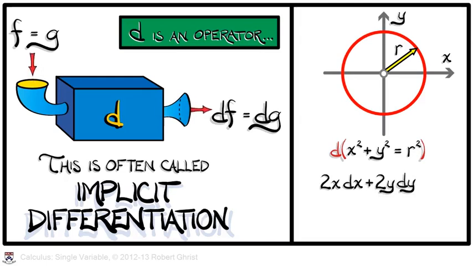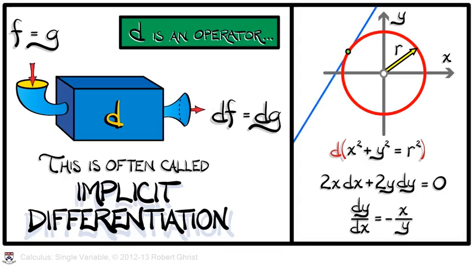What is d of r squared? Well, if r is a constant, then dr would be equal to 0, or if you like, differentiating a constant gives you 0. This equation, then, involving the differentials dx and dy, allows us to solve for the slope of the tangent line, dy/dx. Using a little bit of algebra, we get that it is negative x over y, a result that you can clearly see.